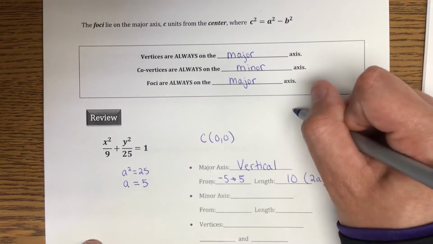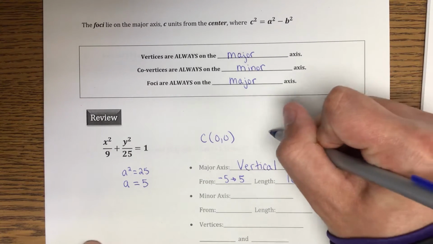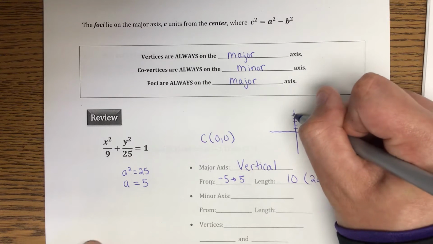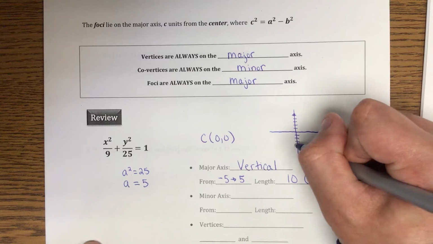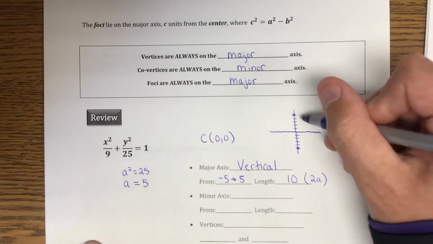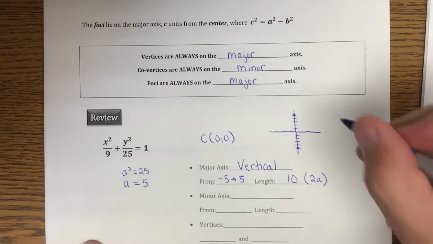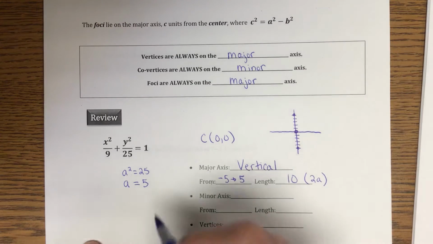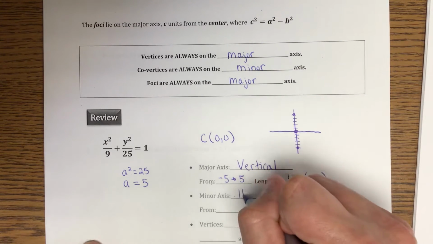So it kind of looks like this. I would go 5 units up, 5 units down. That right there is going to represent our major axis with our center right here. Now the minor axis is horizontal.